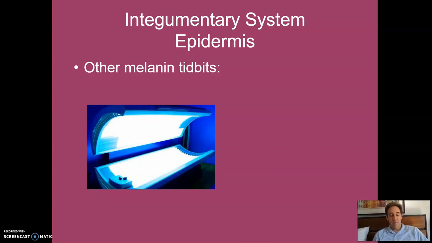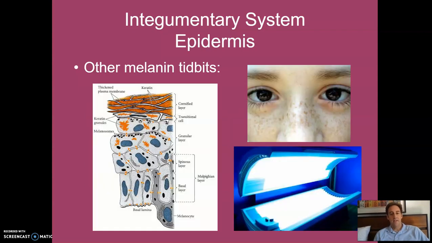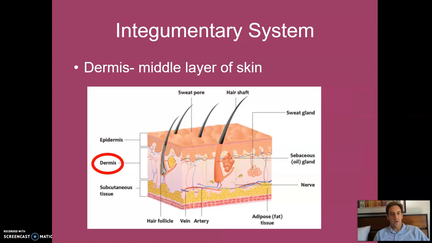But again, remember, the more you do that, the more damage you're causing to that loose connective tissue that holds your skin onto your underlying muscle, and then you get more wrinkles later on in life. And so tanning, whether it's in a tanning bed or out in the sun, either way puts you at risk of wrinkles and skin cancer. So you've got to be careful with that. So there you go.